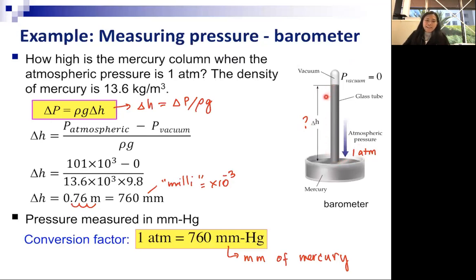But it's because 1 atmosphere of pressure causes a rise of 760 millimeters in the height of the mercury in this tube that it's used as a unit for measuring pressure as well. And the conversion factor between them is this: 1 atmosphere is equal to 760 millimeters of mercury in the tube.